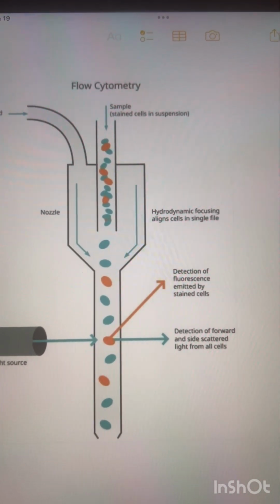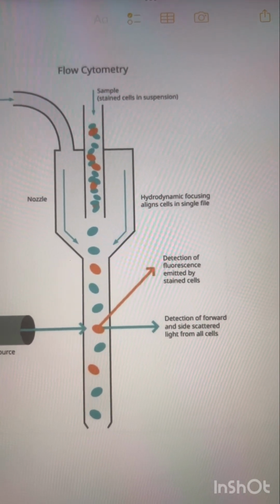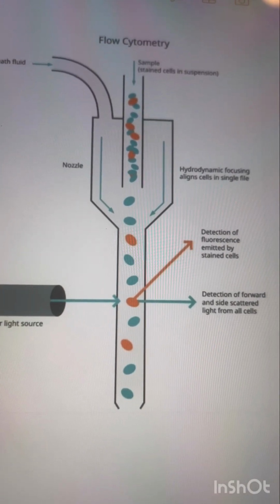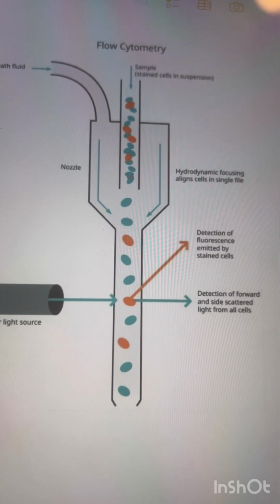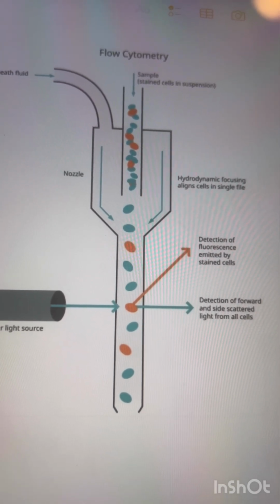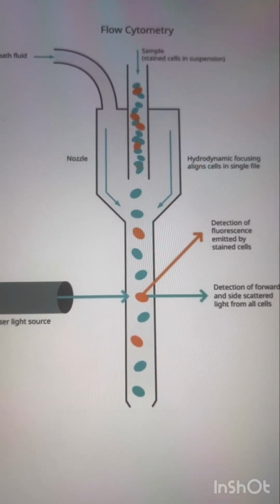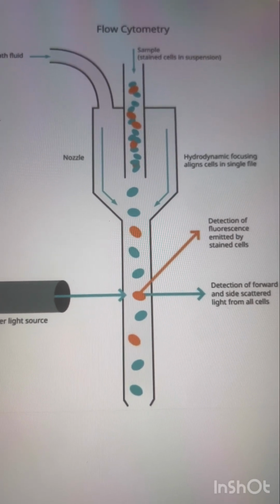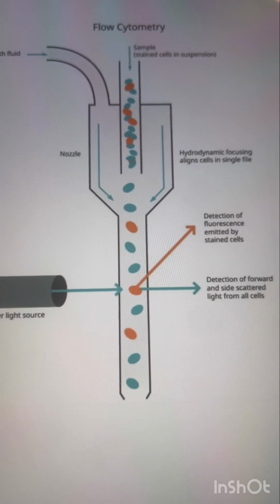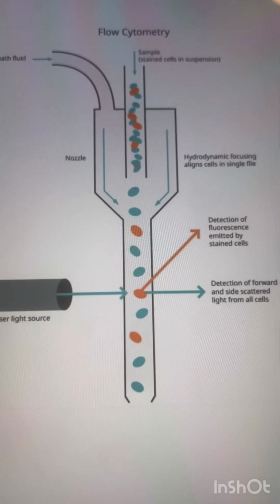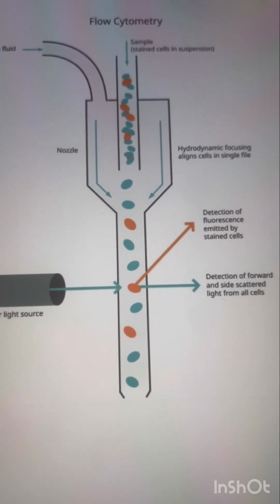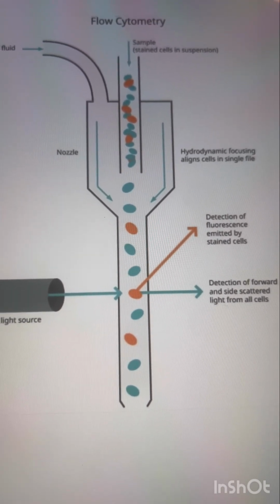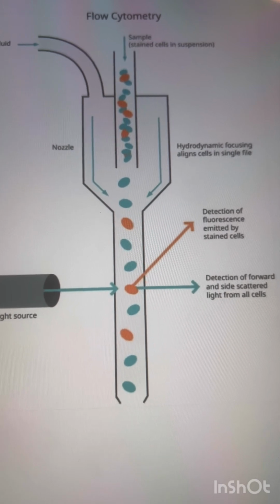There are some upsides and downsides of this fluidic system. The upside is it can analyze a lot of cells in a short period, and it can give statistical information about a large cell population, again in a short period of time. But the downside is that particles must be single.